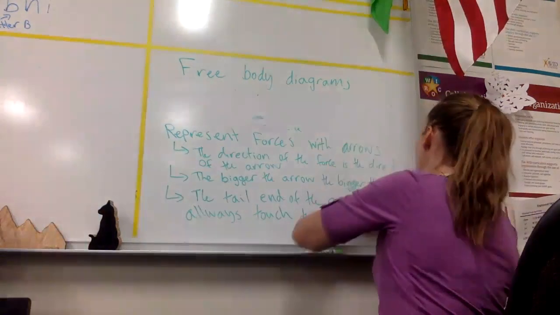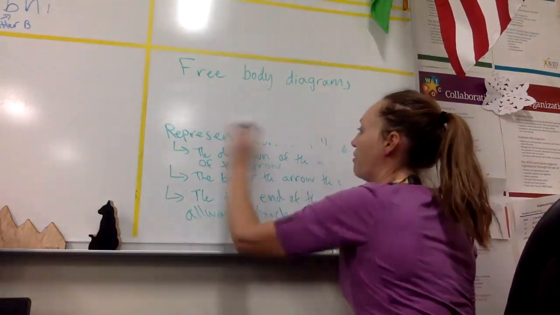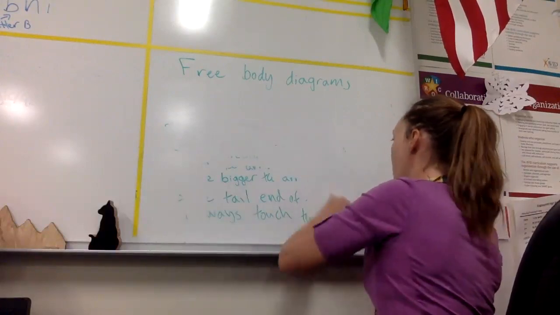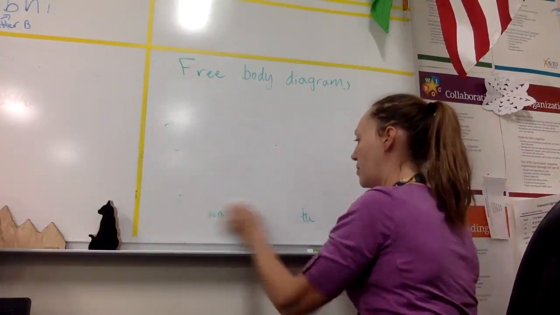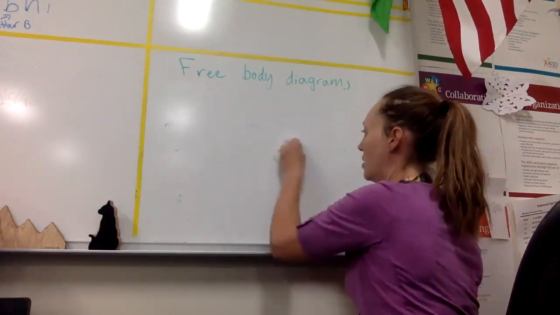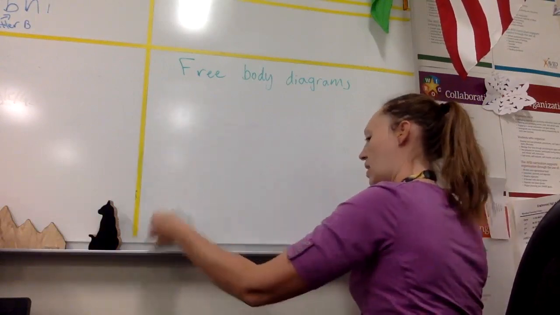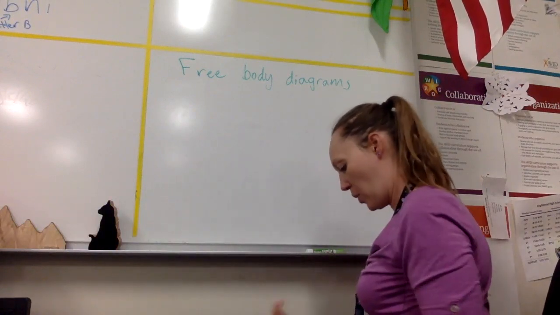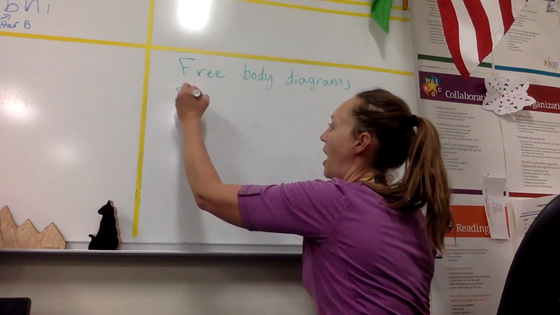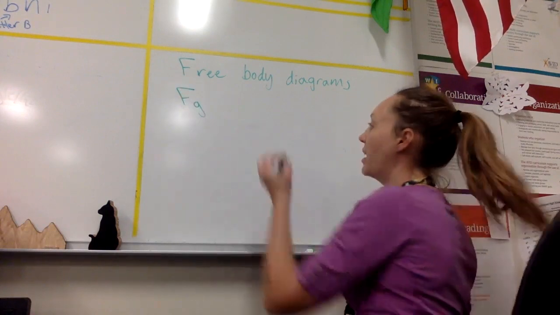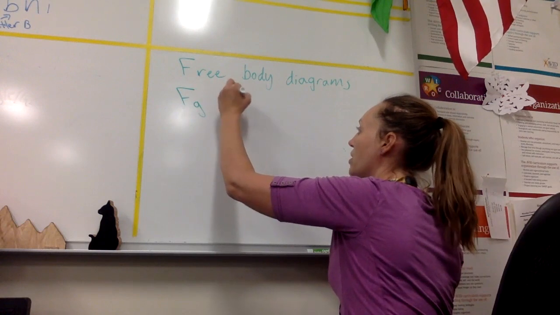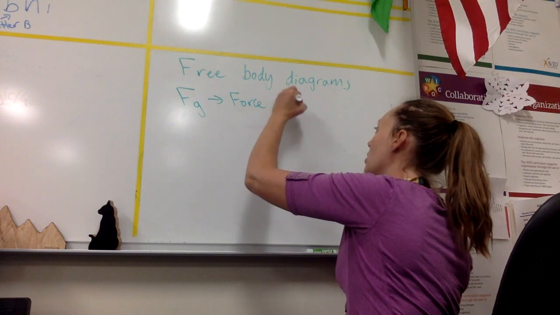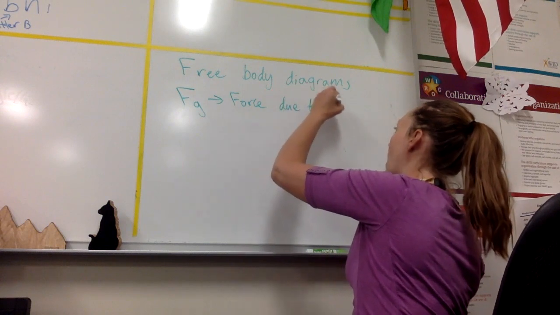And now I'm going to talk about the types of forces that you could have on a free body diagram. So the first type of force is Fg, and that is the force due to gravity.